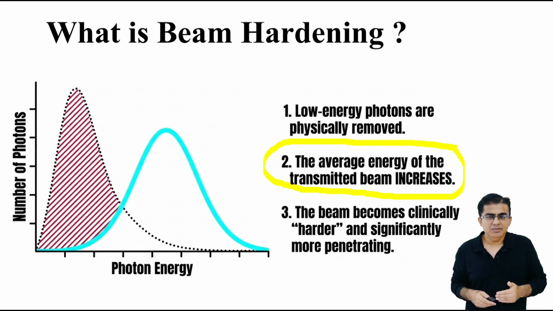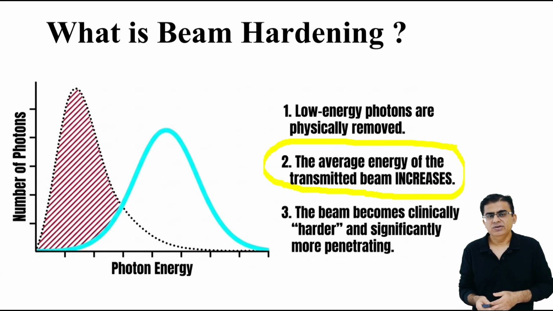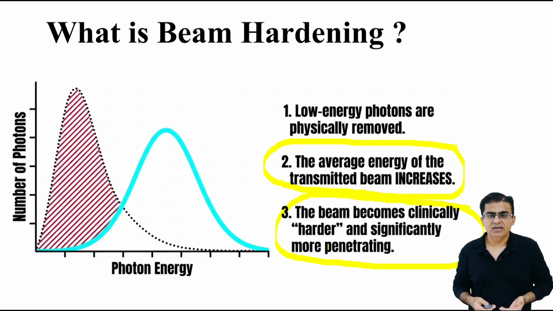Because the surviving beam now consists mostly of strong high energy photons, it completely changes its physical character. In our daily clinic, we simply say that the beam has become harder. It has become significantly more penetrating. It can now penetrate much deeper into the patient's tissue to reach even a deep-seated tumor.